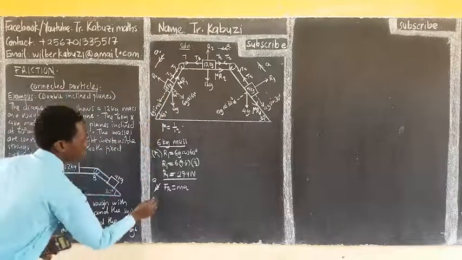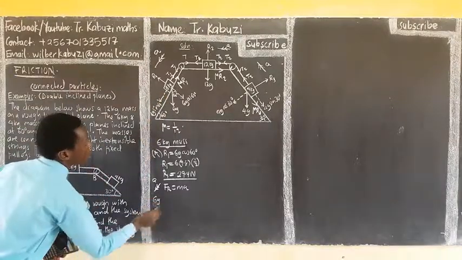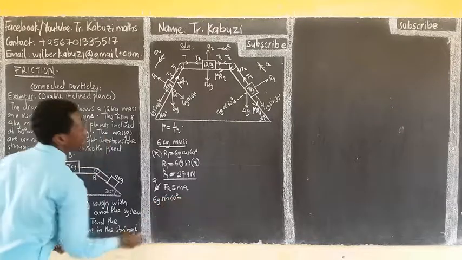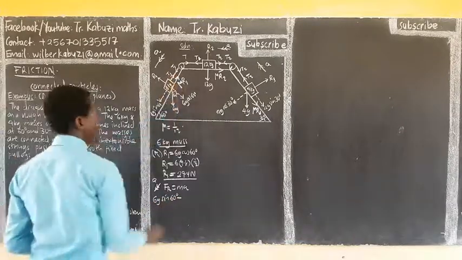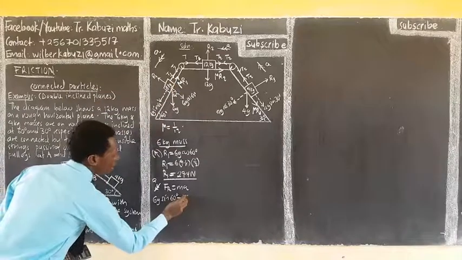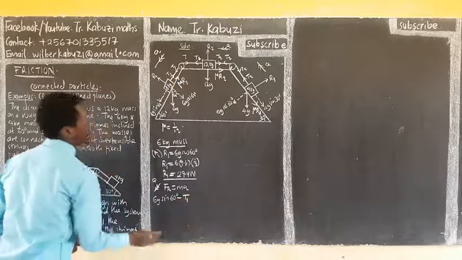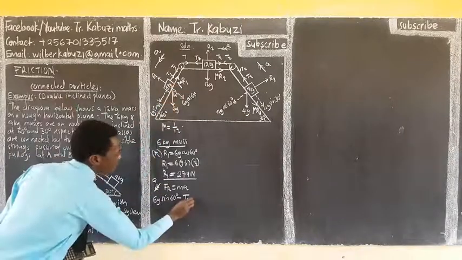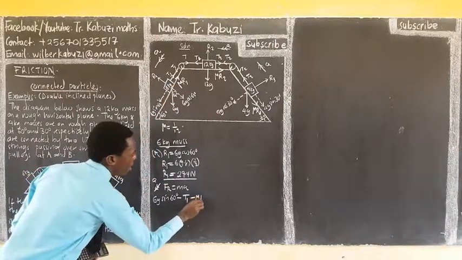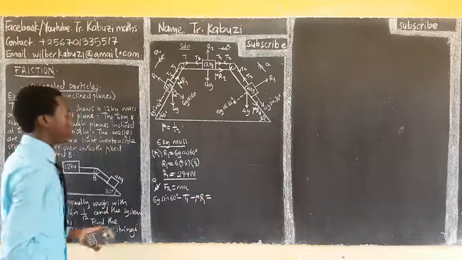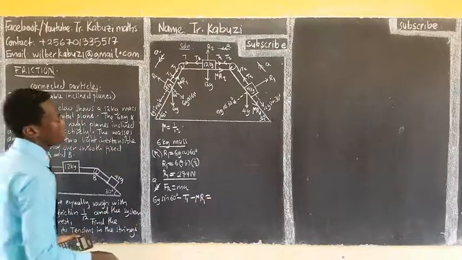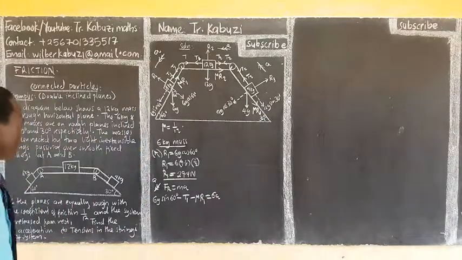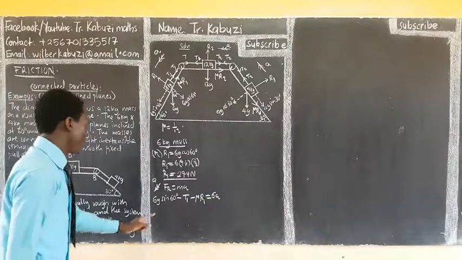We have 6g sine 60 degrees, then minus T1 which is opposing. Then also friction, minus mu R1, equals the mass, which is 6 times the acceleration we don't know. So from here we can substitute.